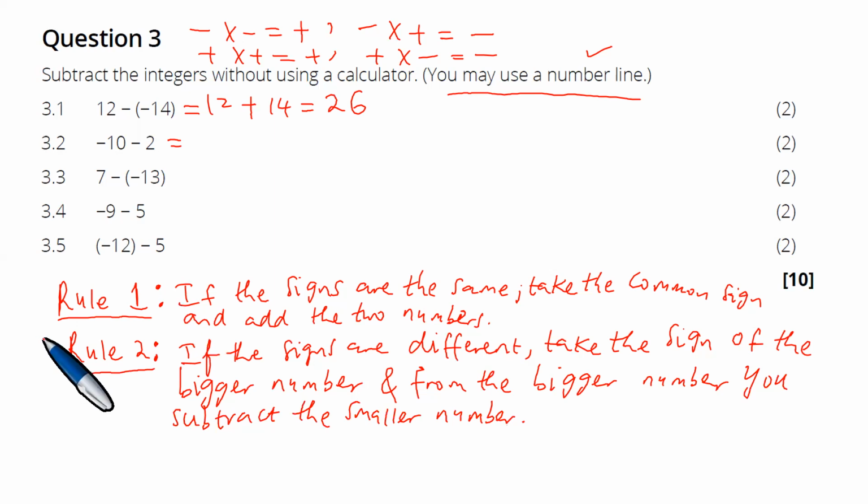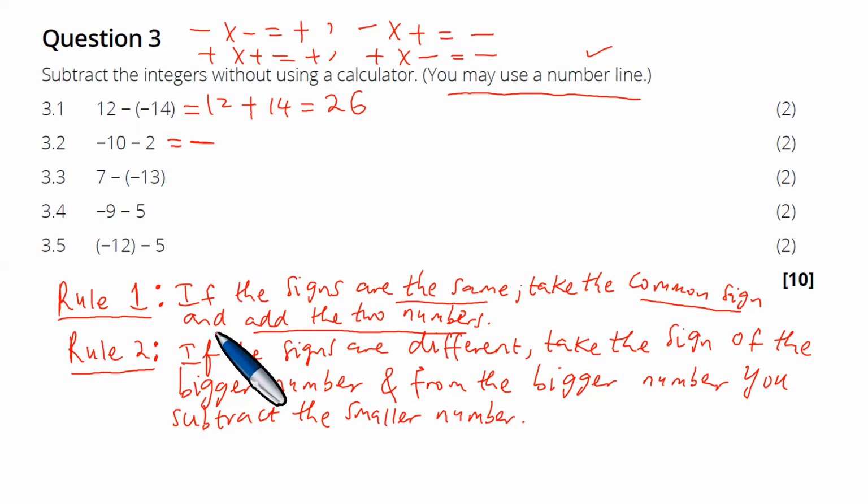Here the signs are the same. So if the signs are the same, you take the common sign and you add the two numbers. The common sign is negative.